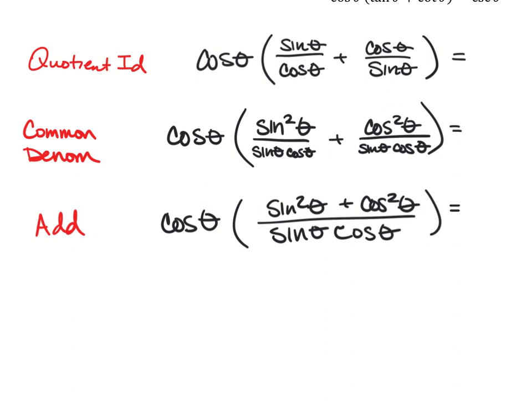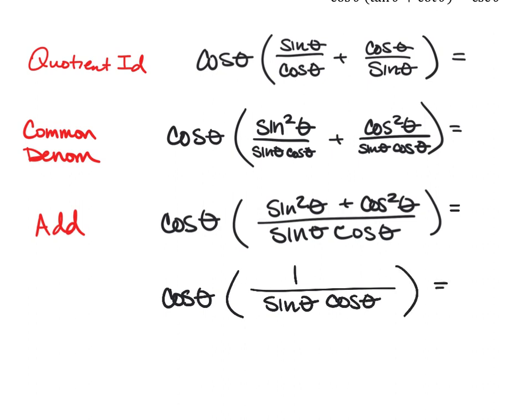Okay. Is anybody's spidey senses going off for something in that numerator? It equals 1. That's a Pythagorean identity. So cosine of theta over, times 1 over sine of theta cosine theta. That's my Pythagorean identity.